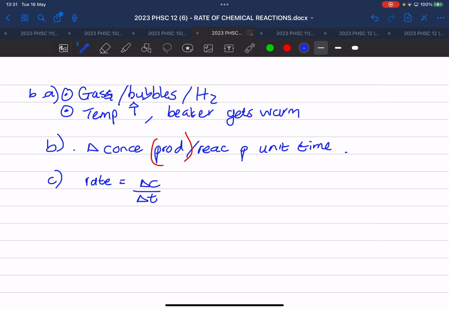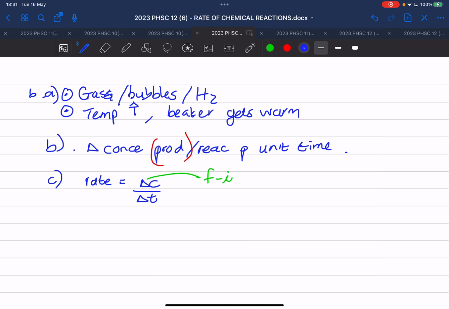This formula is not on your data sheet. Now you have to remember it in your brain, and you forget about the negative or positive. Let's say for whatever reason you can't remember negative, positive. Okay, so we have this. What is delta again? It is final minus initial.